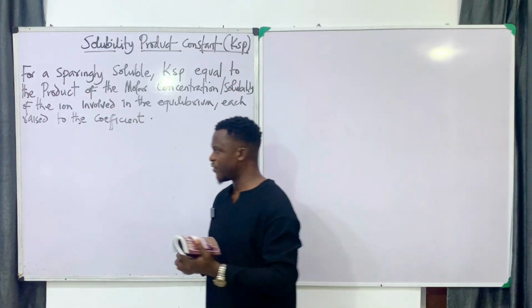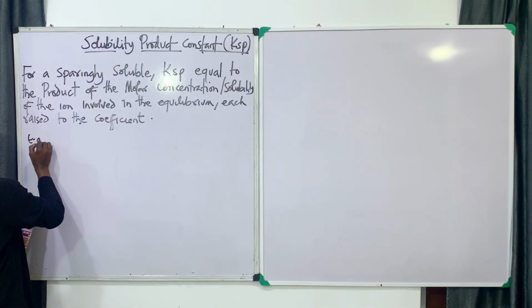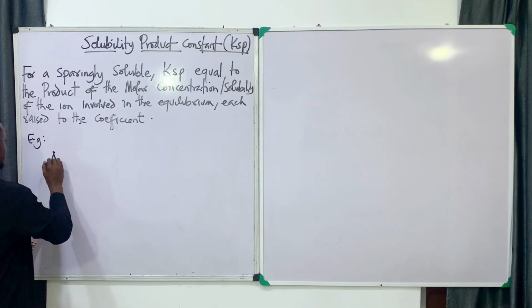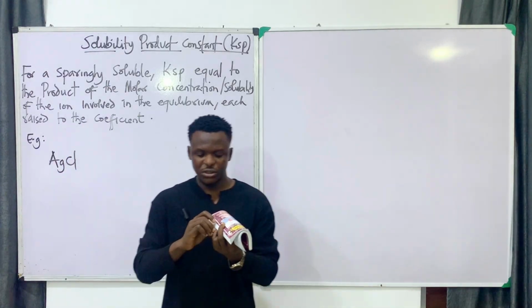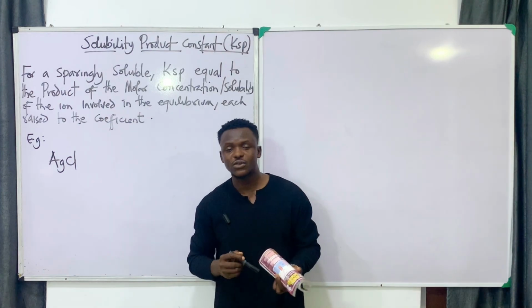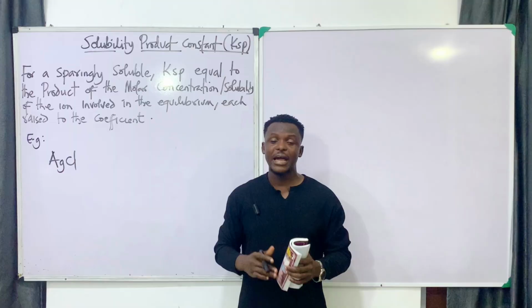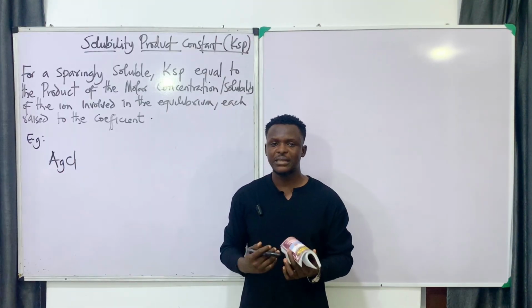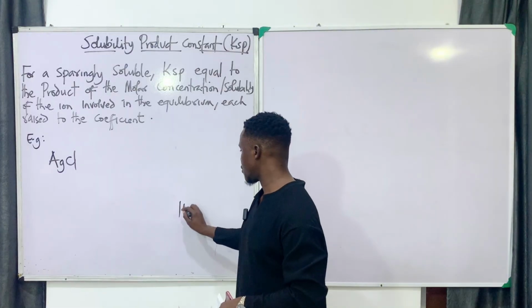So let's say, for example, we have a salt. Do not forget from our elementary chemistry, a normal salt is formed when the hydrogen ion of an acid is replaced with a metal. For example, we have our HCl.